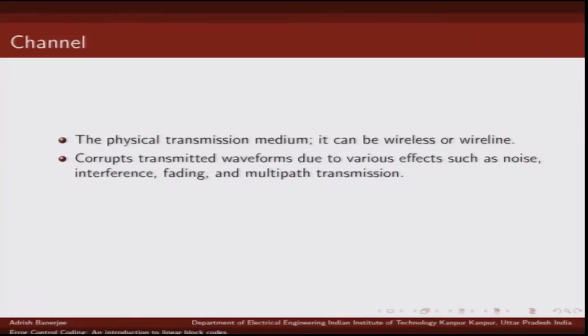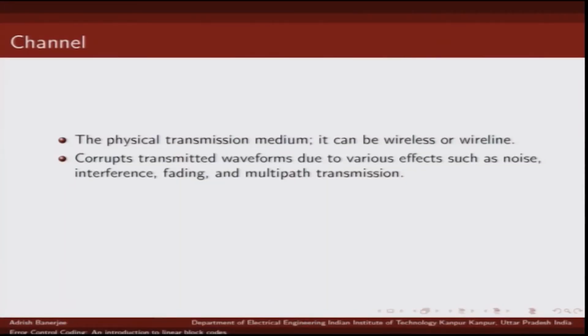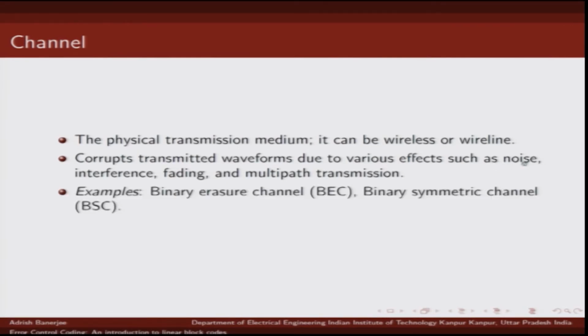Now, what effect does the channel have on the transmitted sequence? As we know, the channel corrupts the signal in multiple ways. For example, noise deteriorates the signal. Interference is because multiple signals clash with each other. Then there is fading.